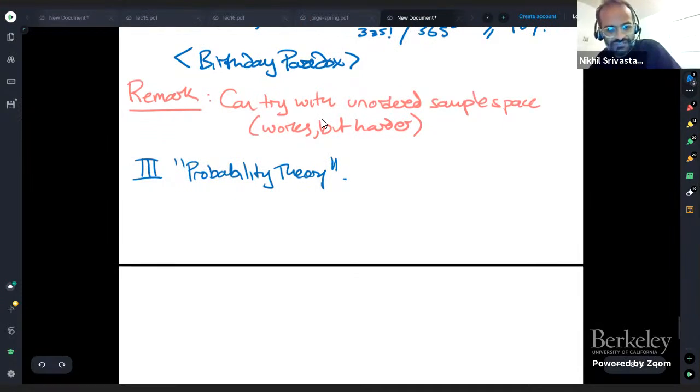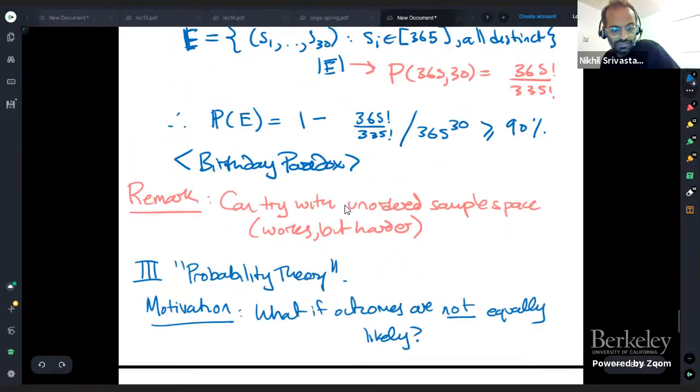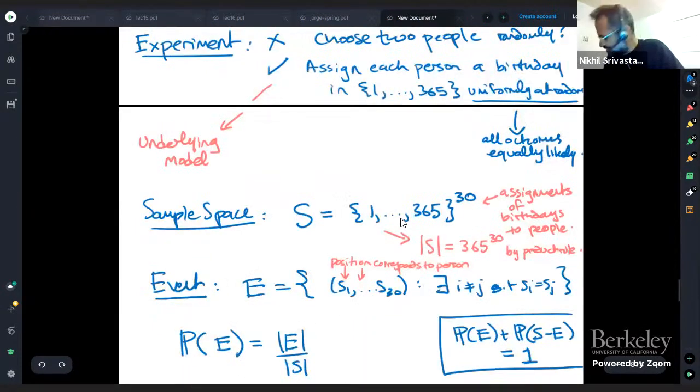The motivation is, well, what if all the outcomes are not equally likely, right? So you need some framework to handle those situations as well. And let's now define this framework.